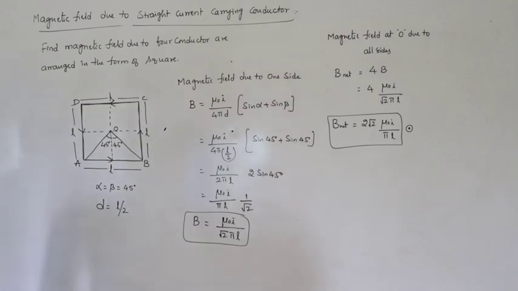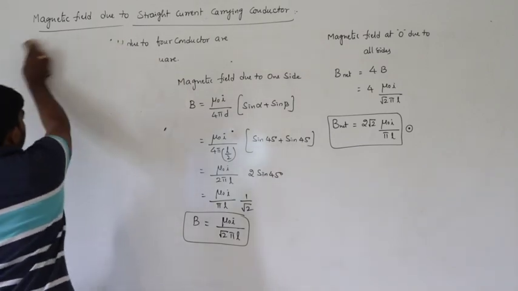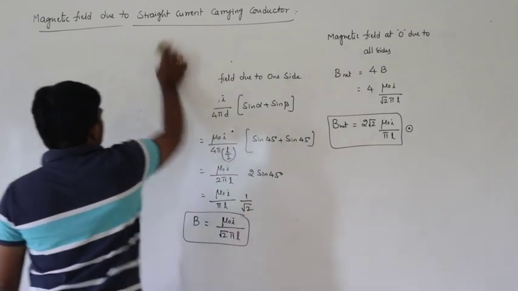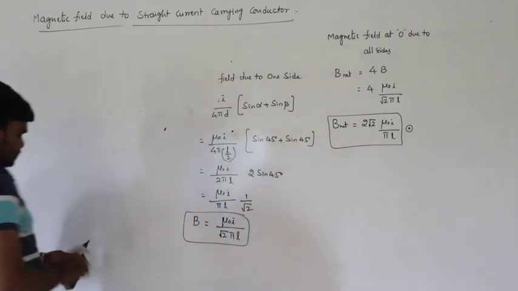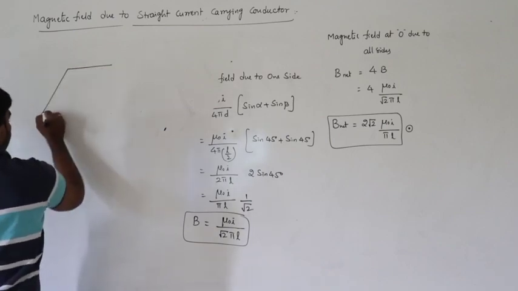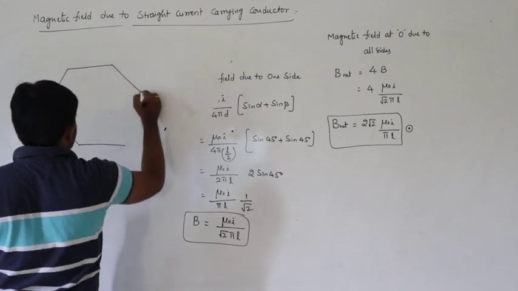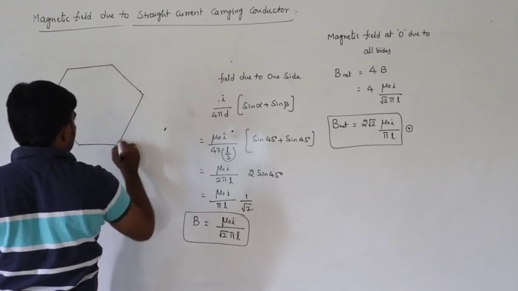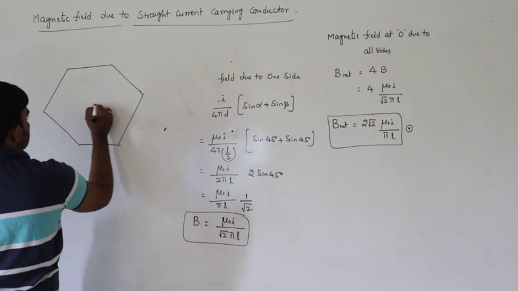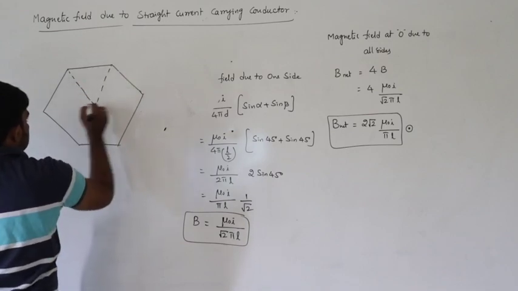So this is the magnetic field due to straight currents in this one application. Now you people can try. See here, a hexagon, all sides are equal. At the center, what is the magnetic field due to this?